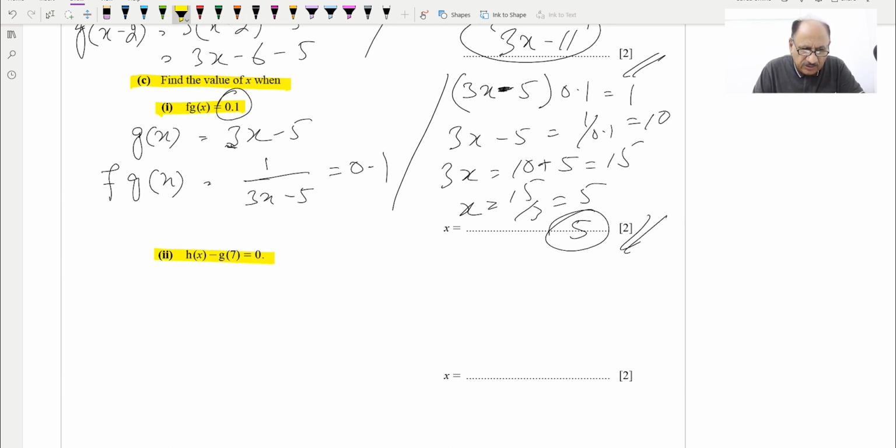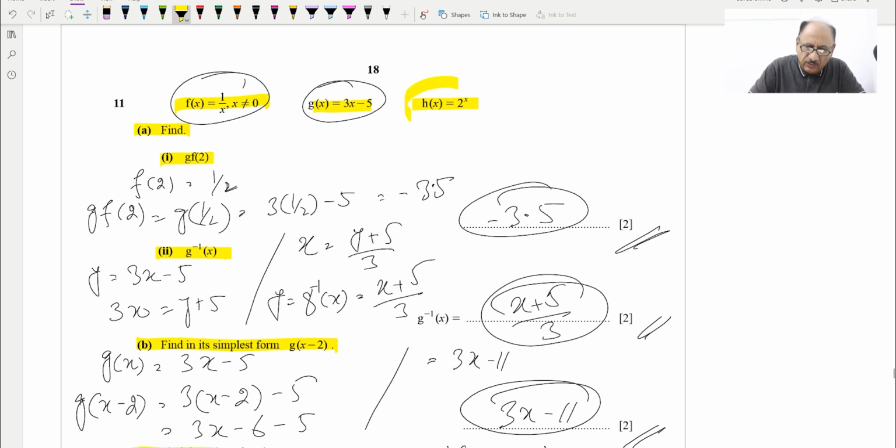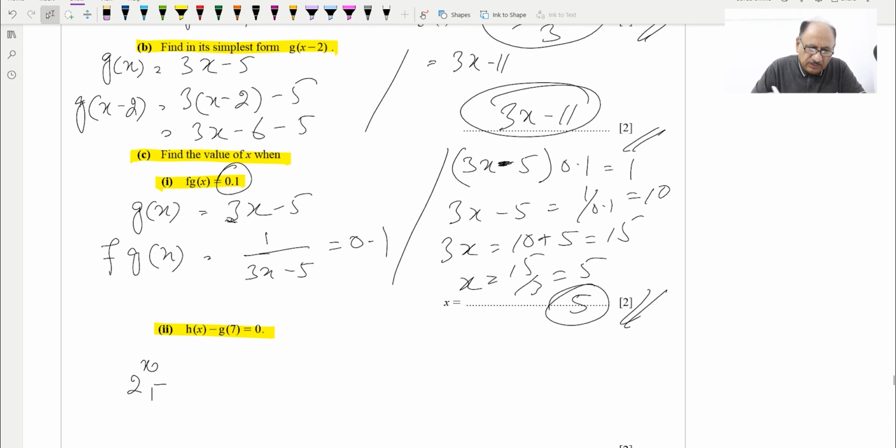h of x minus g of 7. So h of x, we know h of x is 2 raised to the power x. So we can write 2 raised to the power x minus g of 7. We will be replacing g of x with this one, so we can replace in this 7.